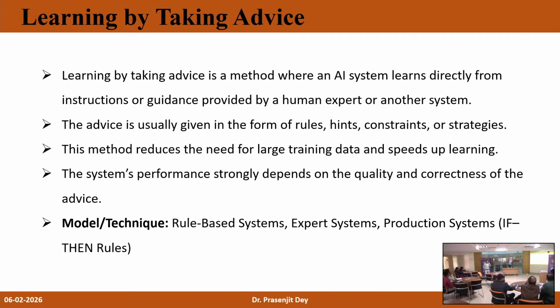If I am having an X-ray, I will go to a radiologist, and that person will say what issues I am having in my X-ray. This method reduces the need for a large amount of data and speeds up learning, because the expert is going to make the judgment without reading all the data, because that expert has knowledge related to this.